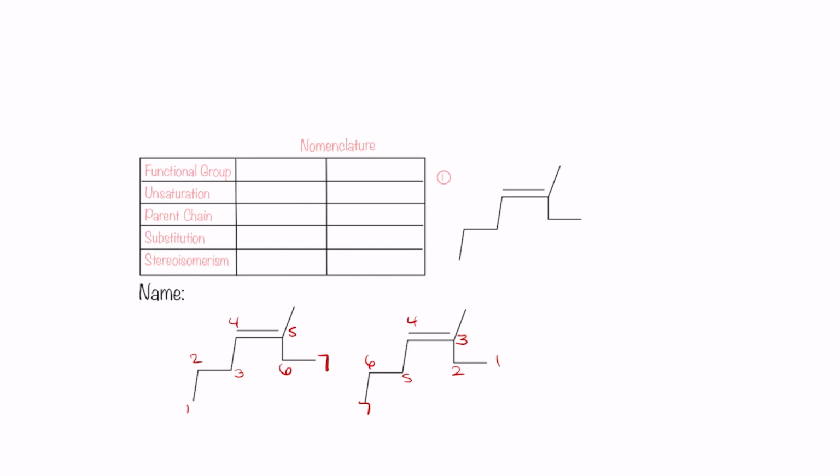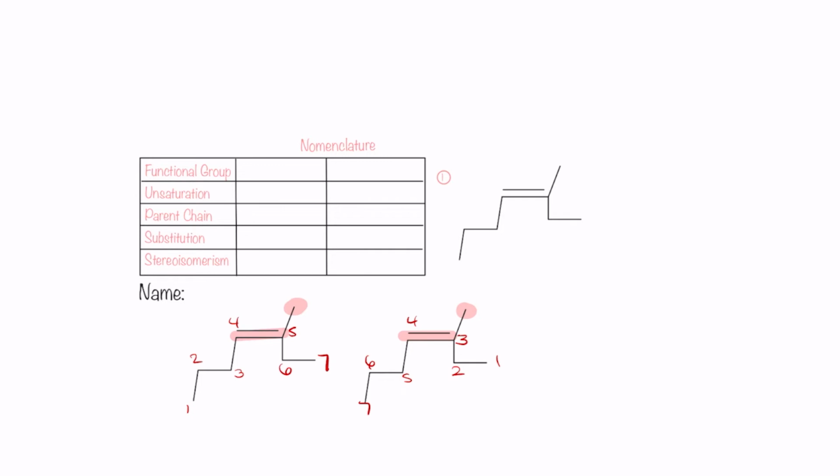So when comparing which situation is better, we want to look at the double bond and the substituent. And you're probably like, hold up, what's a substituent? So let's back up for a minute. Anything coming off of the parent chain, such as this guy who doesn't have a number, is considered a substituent. When we want to look at which direction is better, we have to look at our double bond and our substituent.